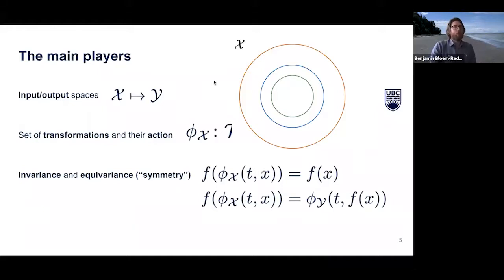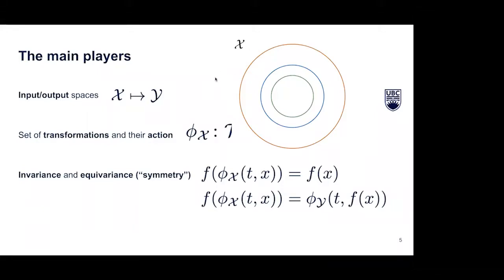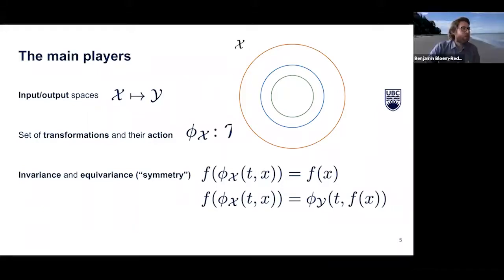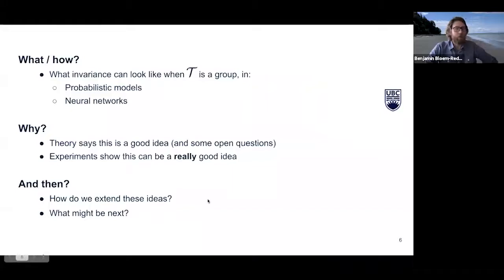Okay. Great. So this is the basic setup, and it turns out it can be quite useful. Okay, so I'm going to spend the remainder of the talk telling you what and how we can actually do this in practice. So what can invariance or equivariance look like with probabilistic models, or, for example, neural networks? Okay, and we can make the most general statements when T is a group, when the set of transformations is a group.